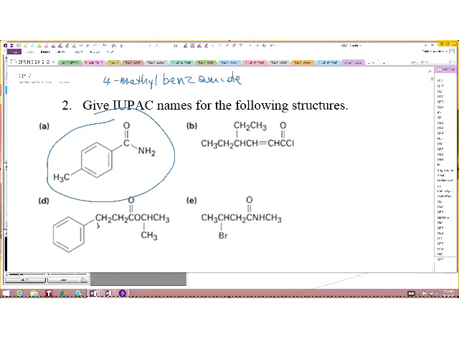No. Benzamide comes from benzoic acid, the corresponding carboxylic acid. And then you could also use P, p-methyl benzamide. You've got to recognize that this molecule here is benzoic acid.